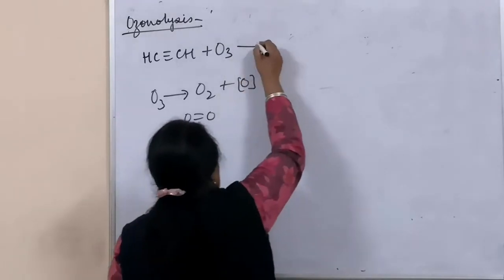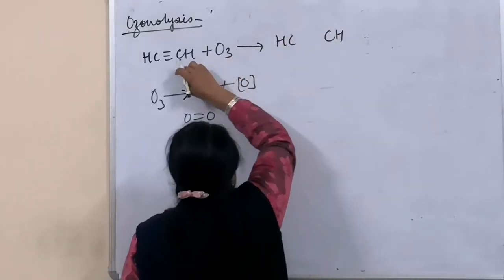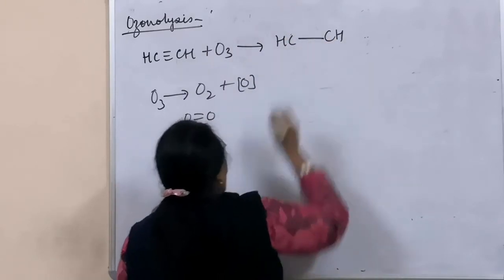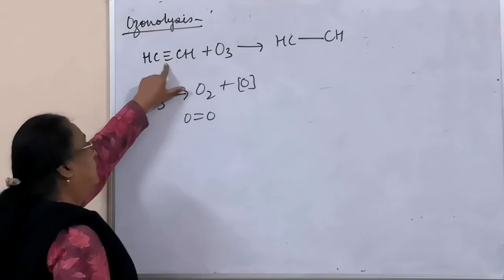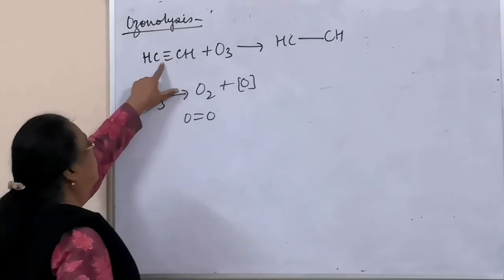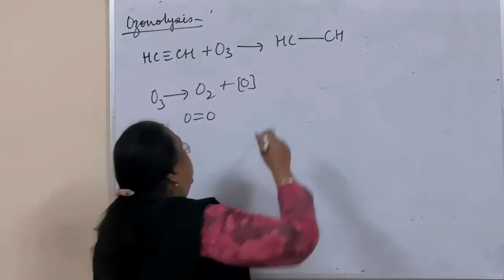So addition will be there, HCCH, here 2 bonds will be broken, 1 will remain there. In case of ethene where we had 2 bonds, both bonds got broken, but here we have 3 bonds, so only 2 bonds will be broken, 1 will remain.